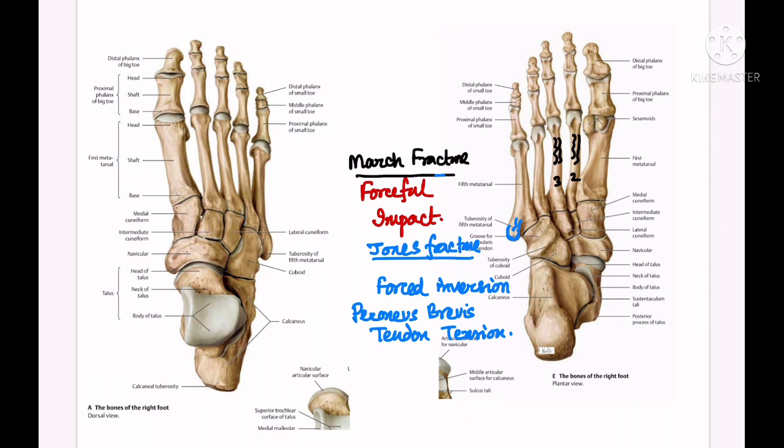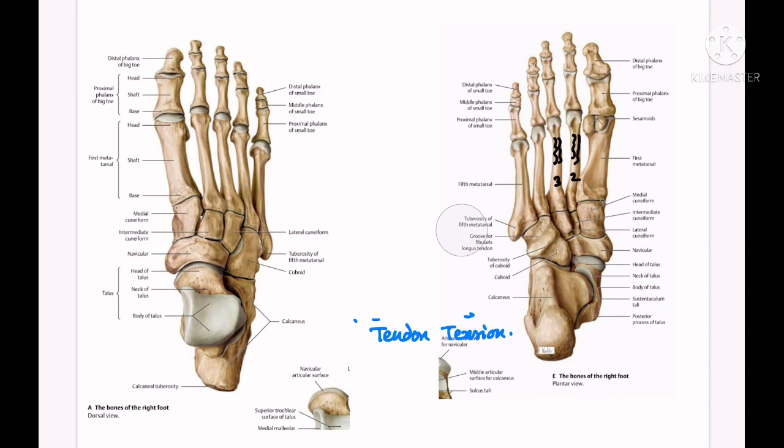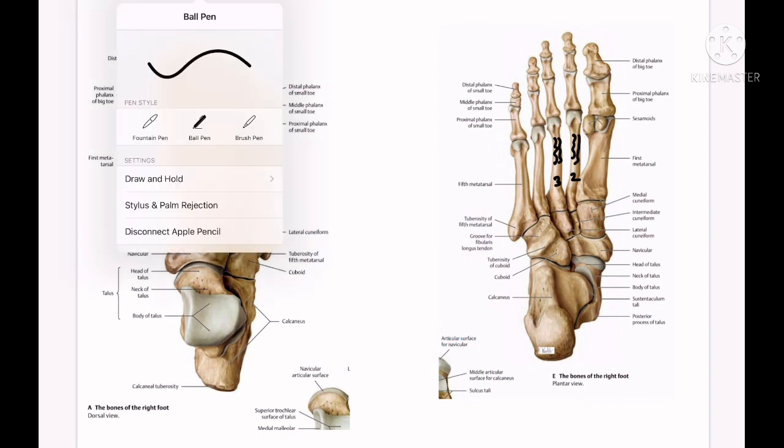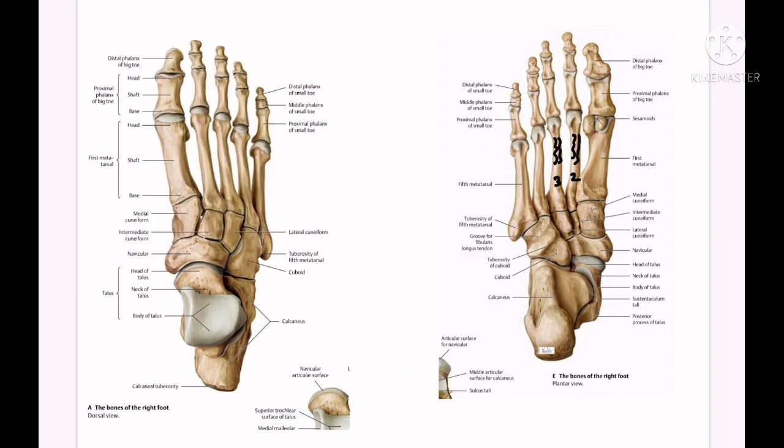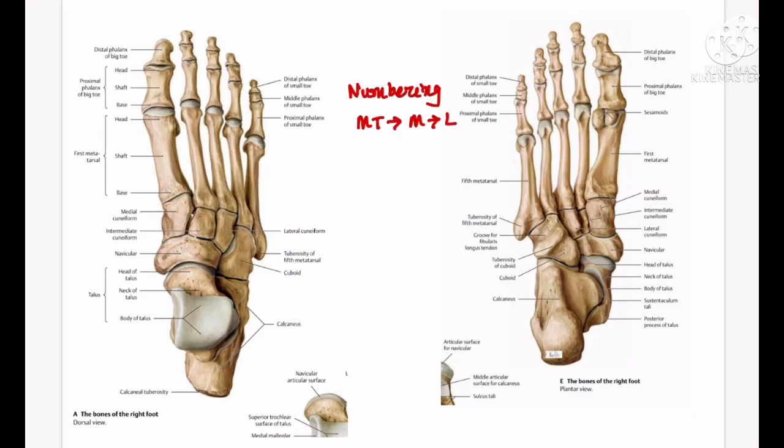The last topic of the heading is the difference between the metatarsals and metacarpals. When you compare the metatarsals and metacarpals, the first point is the numbering convention that I have already mentioned. The metatarsals are numbered 1 to 5 from the medial to lateral side, whereas the metacarpals are numbered 1 to 5 from lateral to medial side.